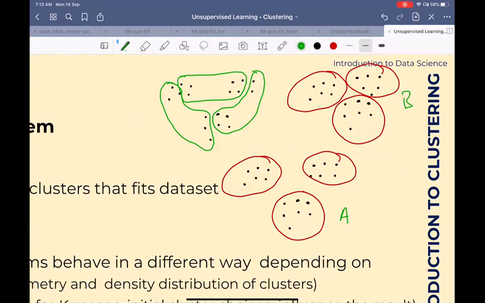A or B? A. Why? Because the distance between the clusters is more, so we can be sure that cluster is proper. Oh, excellent. The distance between the clusters is more, and so we can say this one is better.